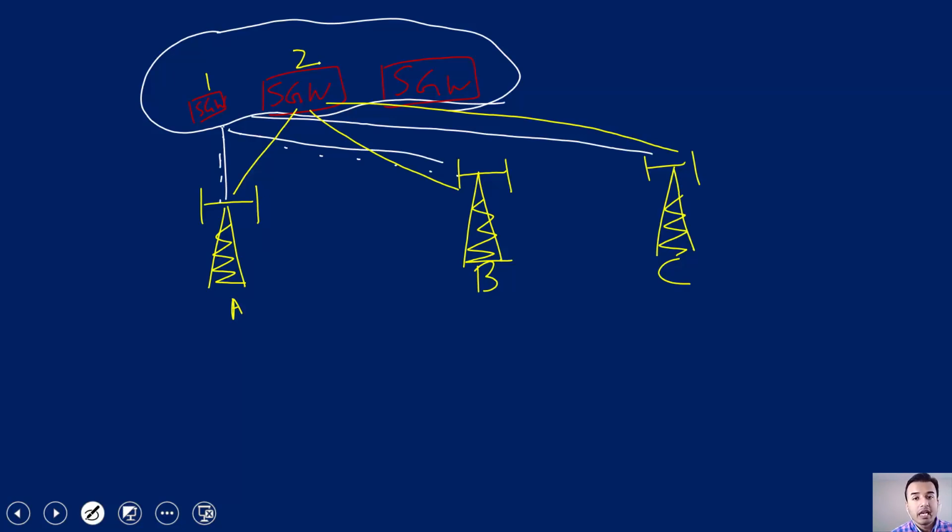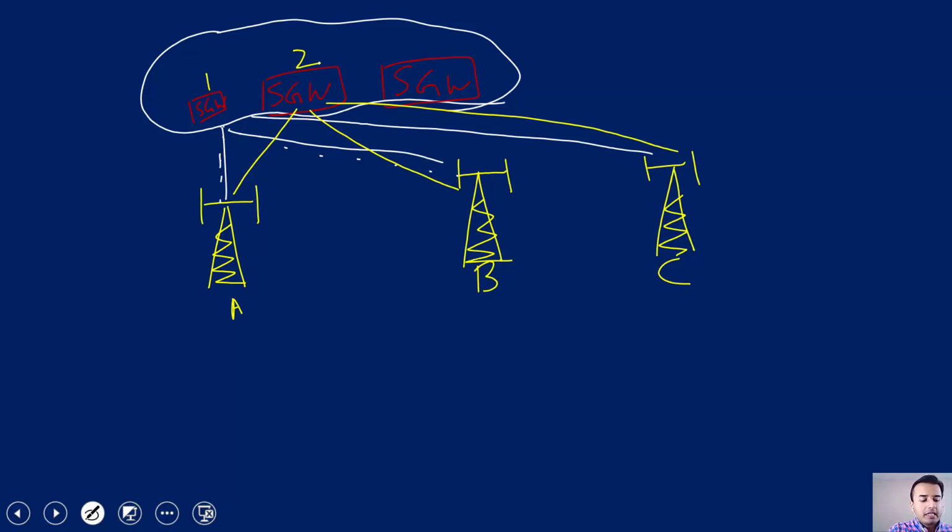Then the next question which they can follow up with is, okay, how many PGWs are there for SGWs, meaning how many SGWs a PGW can have, or how many PGWs do we need to have in a network? So the simple answer for a small network is, well, for a small network you can have one PGW.